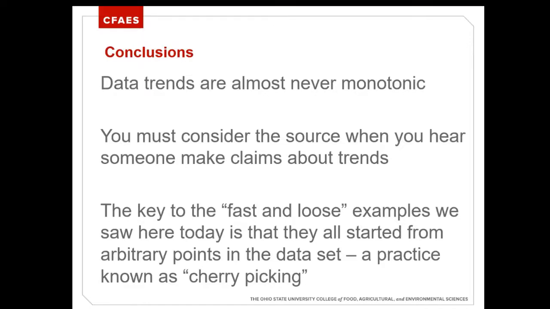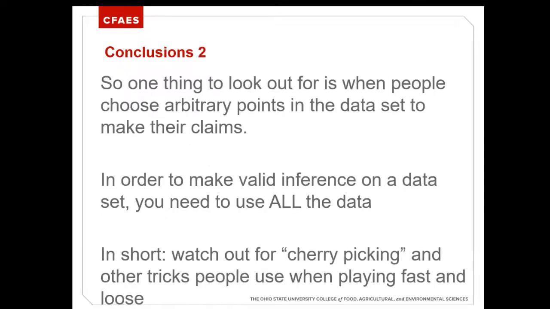The key to the fast and loose examples we saw here today is that they all started from points in the data set that are essentially arbitrary. We had two that started in 1998. We had one that started, I think, in 2012 and went out from there a few years. When you have an arbitrary starting and finishing point, that's a practice called cherry picking.